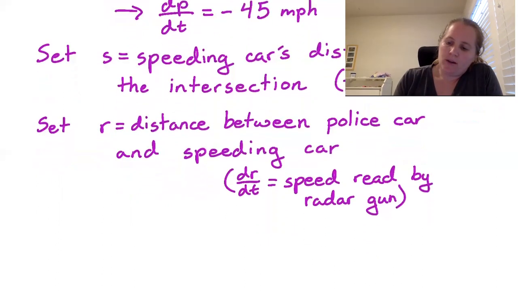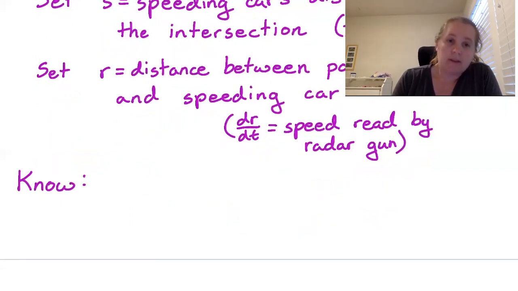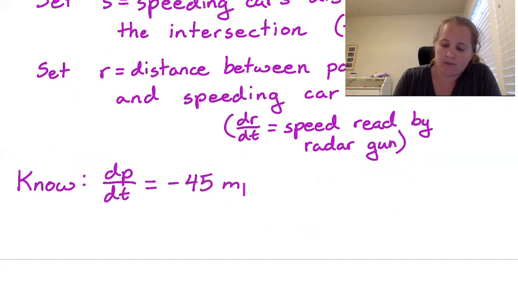So in this problem, what we know is that the police car's speed, dP/dt, is negative 45 miles per hour. Again, velocity, technically, the rate of change includes direction. So since that distance is shrinking, it's negative.